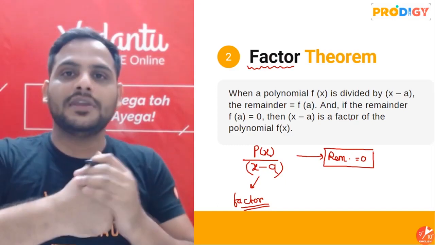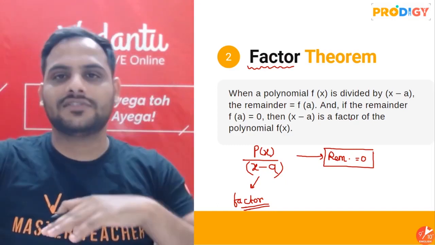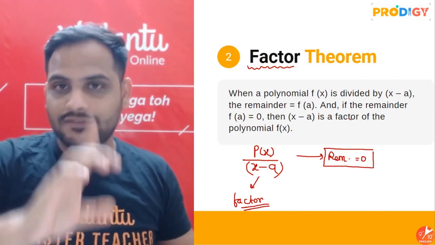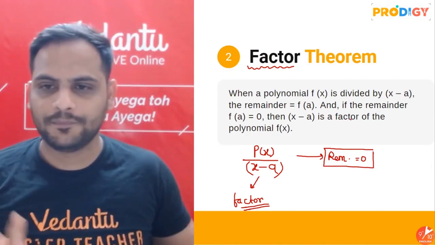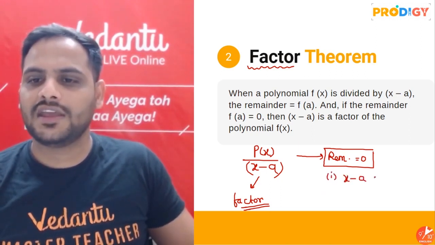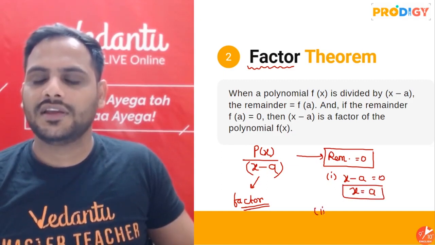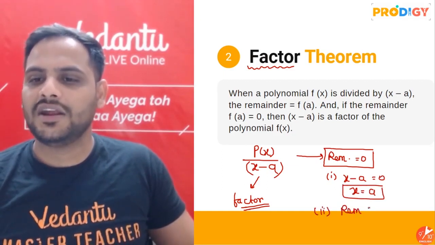Alright, but from here you learn one more important thing which we'll be discussing in the next session in the factorization. It will be helping us, but let me tell you right now. Suppose when I find the remainder, step 1 will be to make x minus a equal to 0. You will get x equal to a, and since it is a factor, your remainder will be equal to 0.